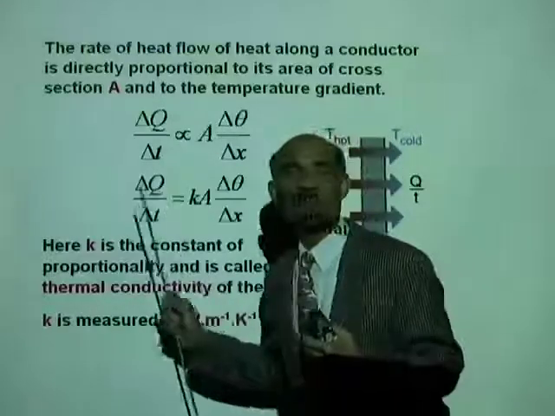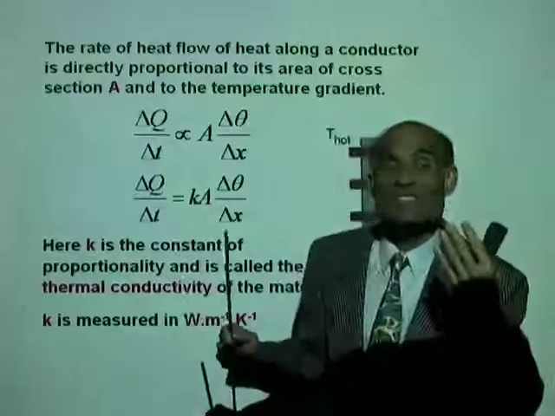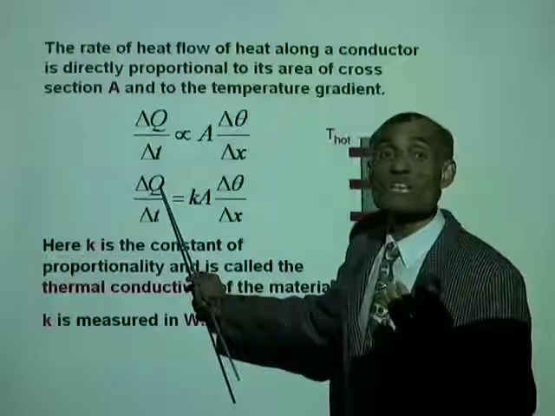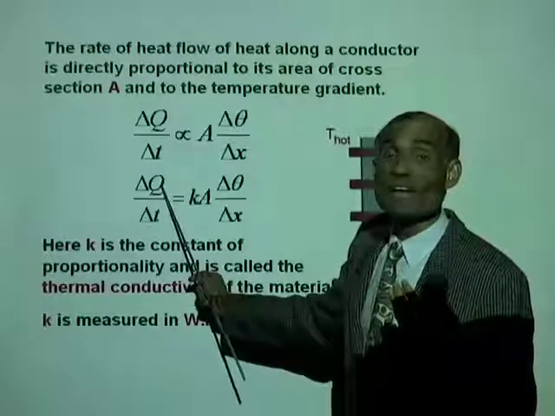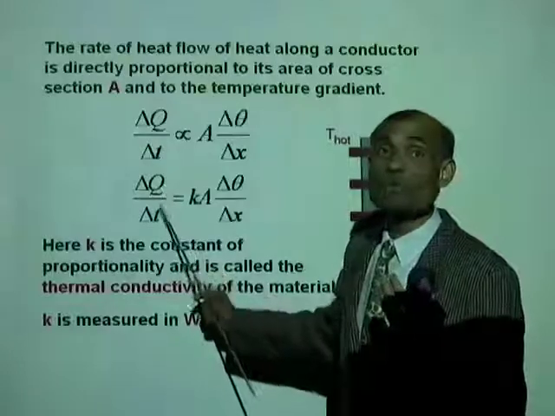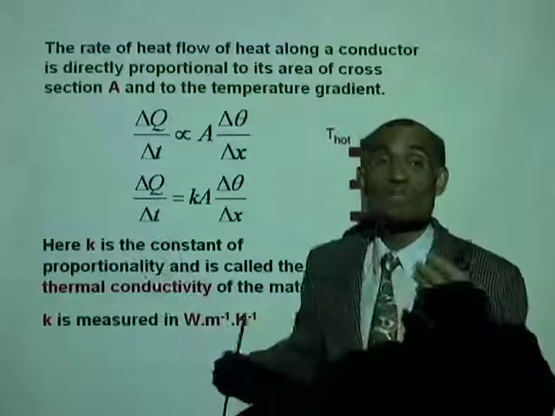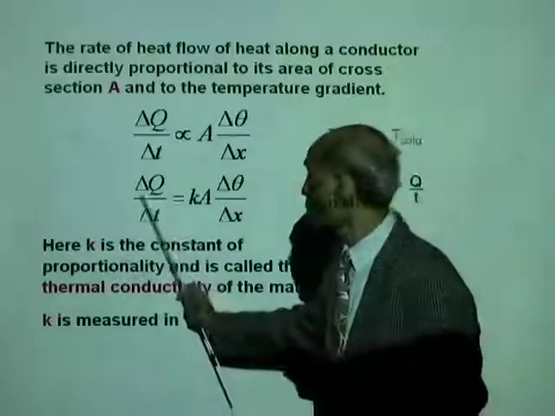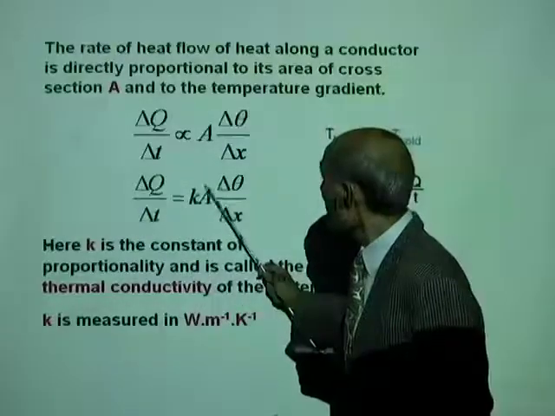What is the unit of measuring heat? Heat is a form of energy. So delta Q is measured in joules. Delta Q by delta T is measured in joules per second. Joules per second is called watt, isn't it? So this is watt per meter.